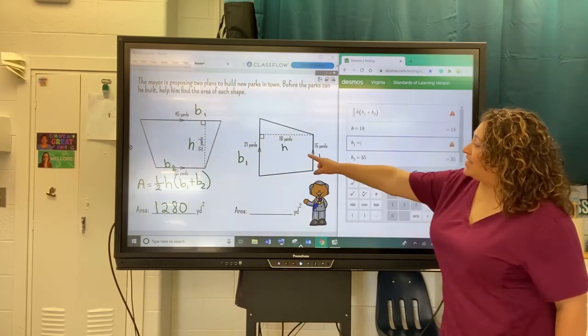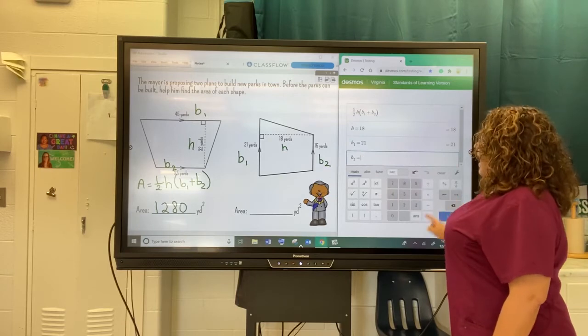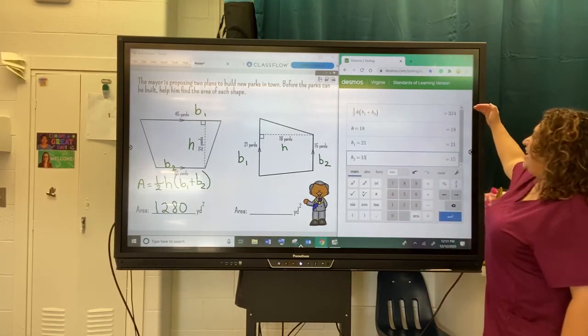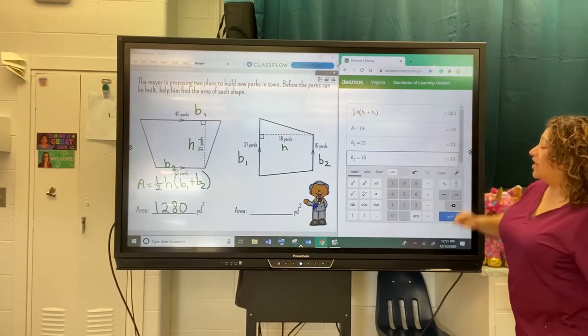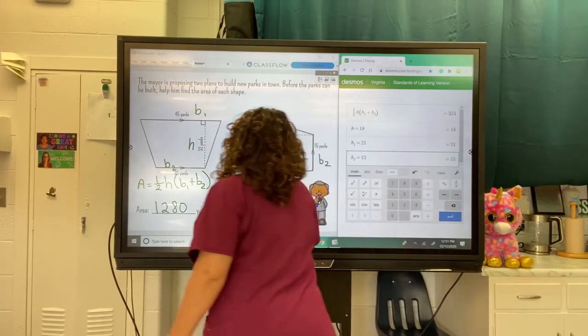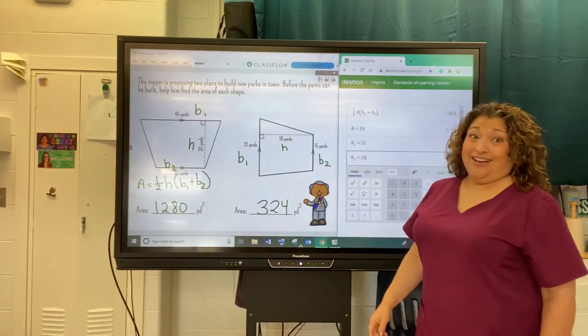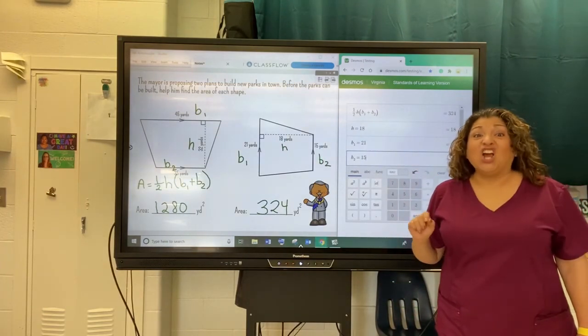Let's change base sub 1 to 21. And let's change base sub 2 to 15. And lo and behold, Desmos does all of the hard work and we get 324 yards squared. I don't know about you, but this is pretty cool.